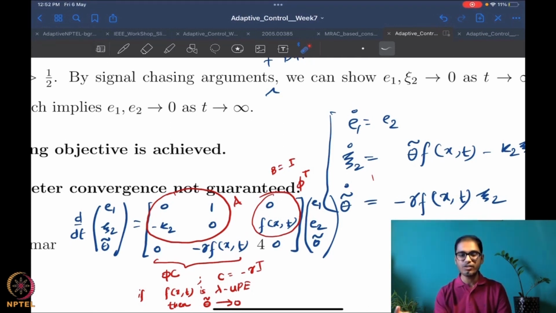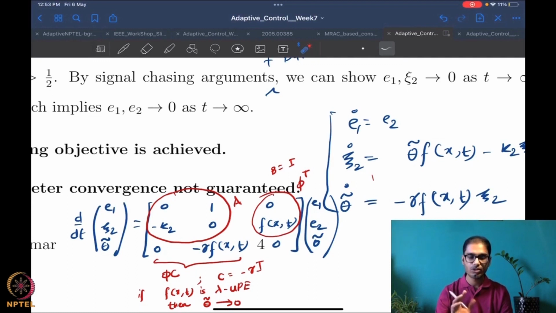Only if your reference trajectory is persistent can you have this sort of condition satisfied. If your reference trajectory is just a constant horizontal line, then most probably you will not get persistence, and therefore you will not be able to prove that the theta tildes go to zero.